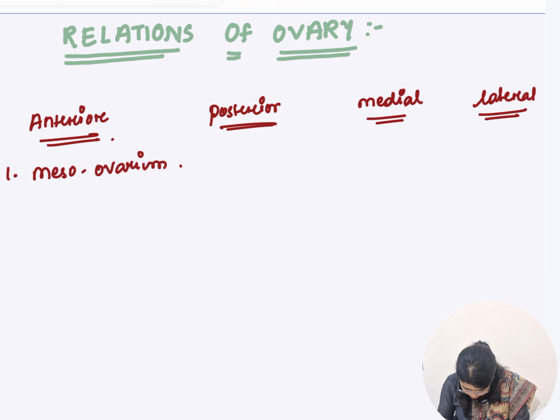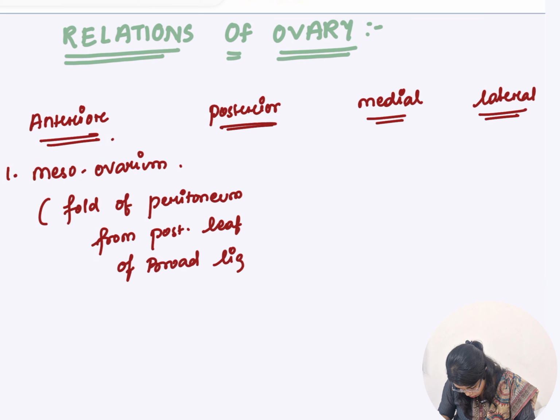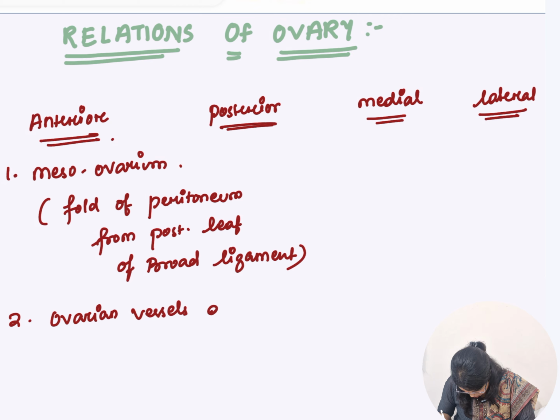It is a fold of peritoneum from the posterior leaf of the broad ligament, and it contains ovarian vessels and nerves.